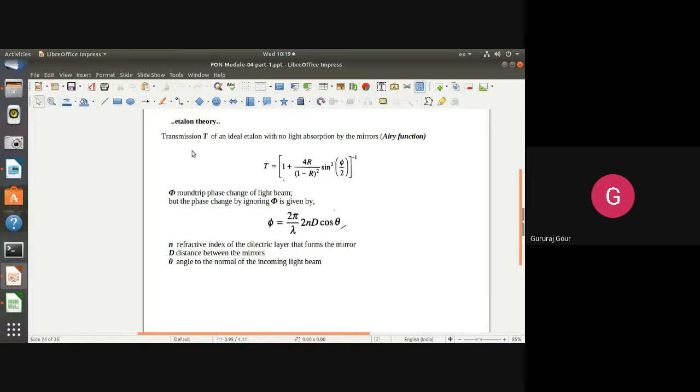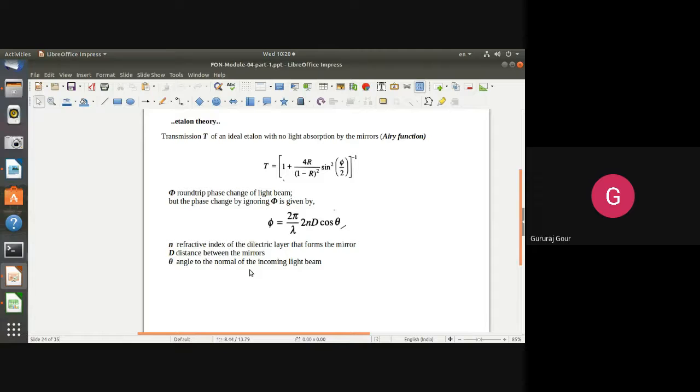Then in that case, according to this theory, T will be given by 1 over 1 plus 4R by (1 minus R) squared, times sin squared of delta by 2, where delta is the total phase change that will occur when the light ray goes and comes back. The phase change, ignoring pi, is given by 2 pi by lambda times 2nd, that is an integer multiple of d, the distance between the facets, times cos theta.